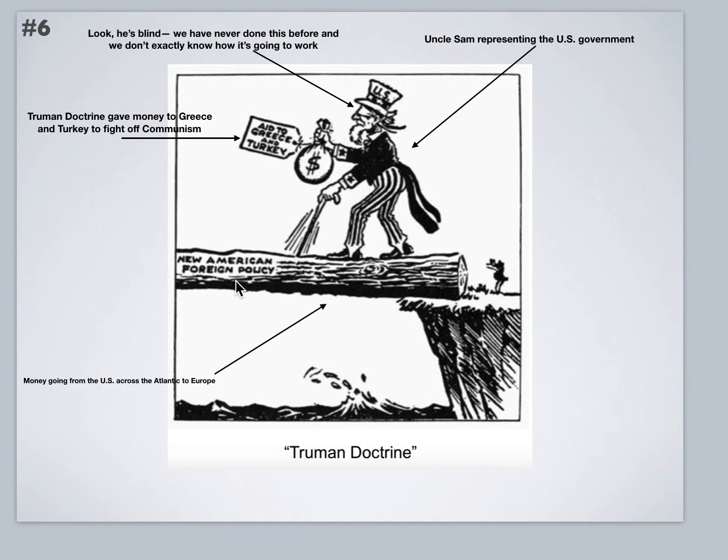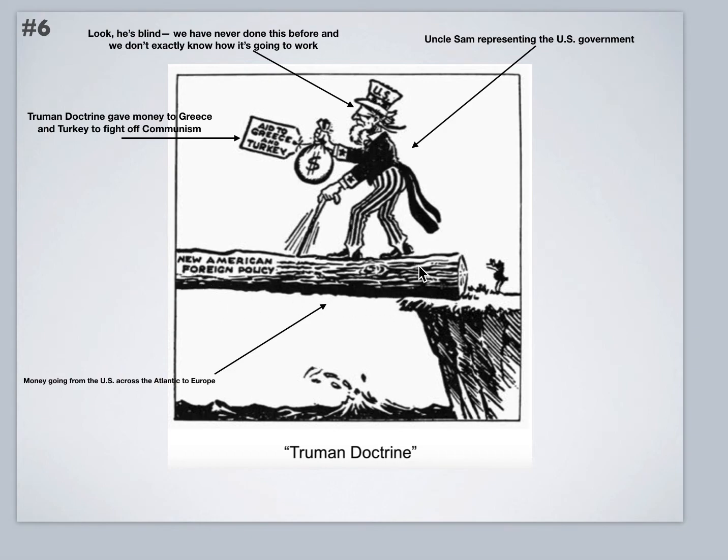But this is a lot of money, like $400 million is going over to these countries. And that's a lot of money to be going in blind. So this, to me, the whole scenario, the cartoonist is kind of saying this is a risky situation we've gotten ourselves in. Okay, this does not look particularly safe.